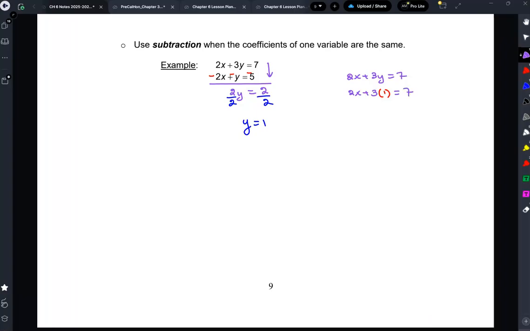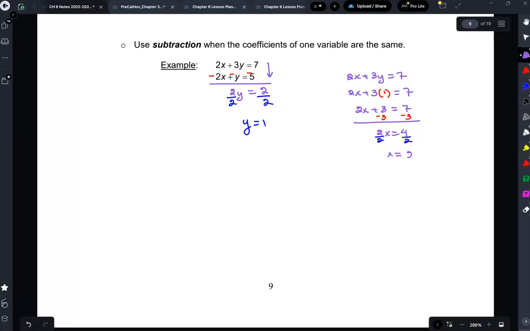Okay? So this is 2x plus 3 equals 7. Minus 3, minus 3. 2x equals 4. Divide by 2. X is 2. So I get 2 comma 1.